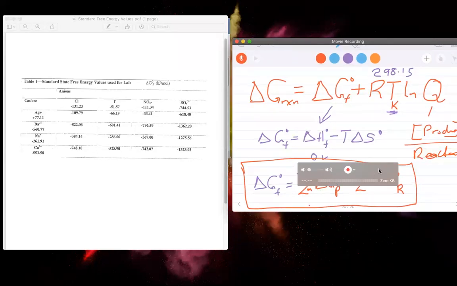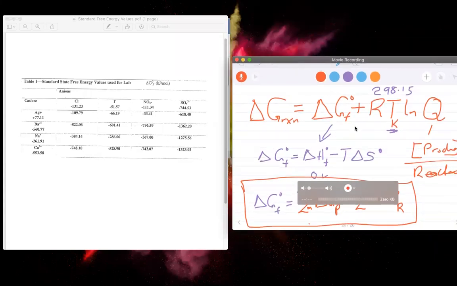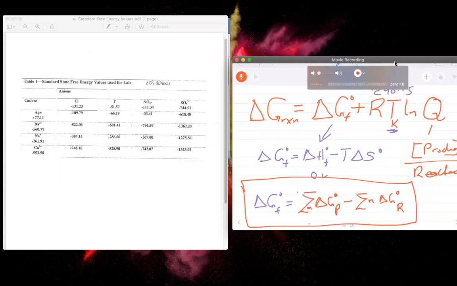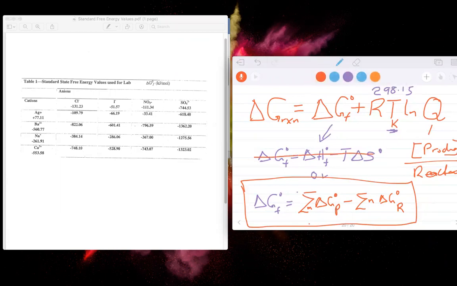My iPad is blocking, but nevertheless, if you look at this equation, this is what you will use, product minus reagent, to get that. Where are we getting all these values? That is why we have the thermodynamic data on table 1.